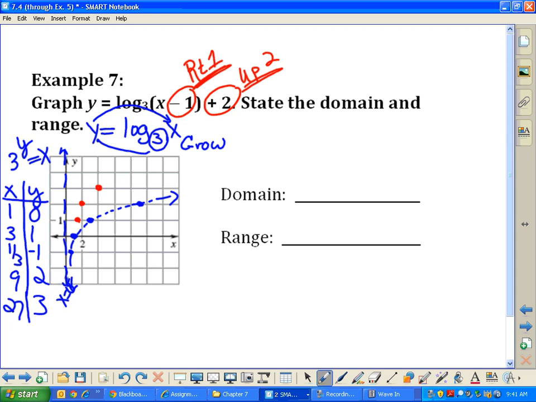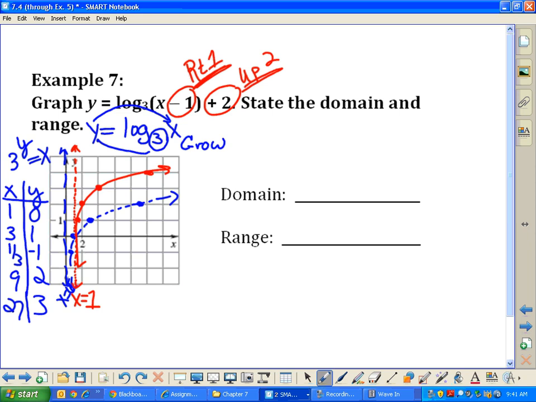Move (9, 2) over 1 and up 2, it goes there. And 27 doesn't fit. So now we get this. The whole graph moved over, including the asymptote. I have my new asymptote at 1 there. And there's my new graph of my translated logarithm.